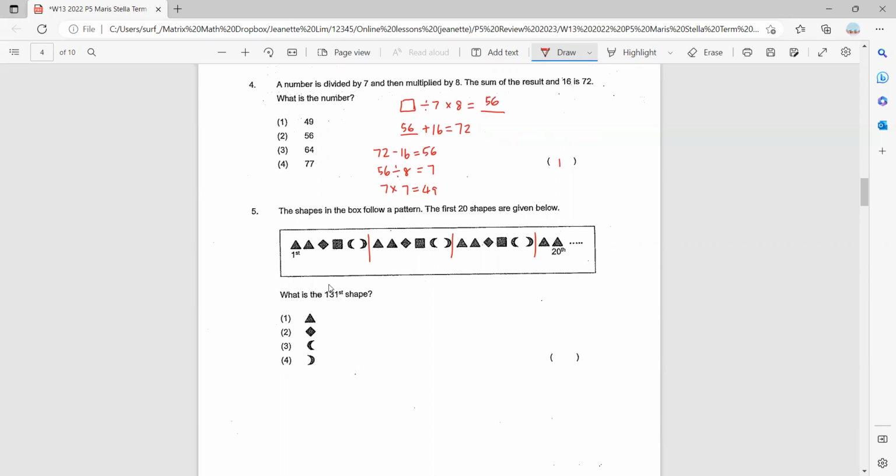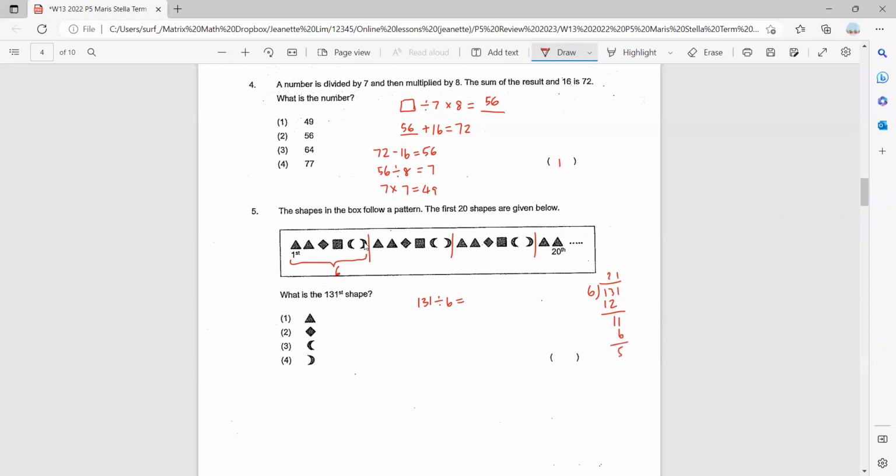In each group, each pattern, 1, 2, 3, 4, 5, 6, there are 6 shapes. So you should take 131 divided by 6. Now we're going to do a long division. Eleven divided by 6, 1.